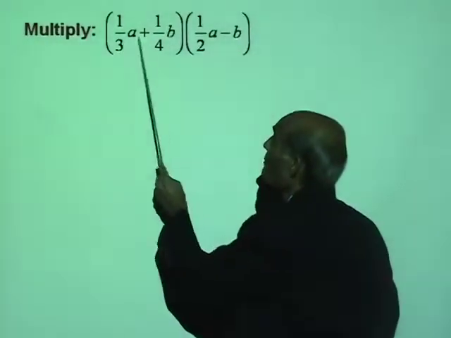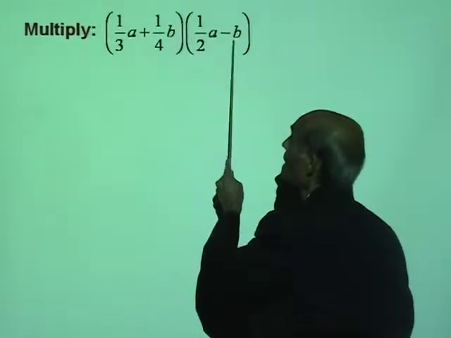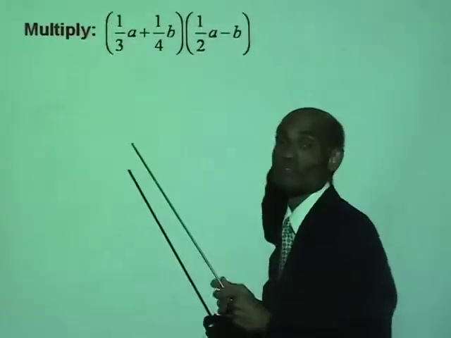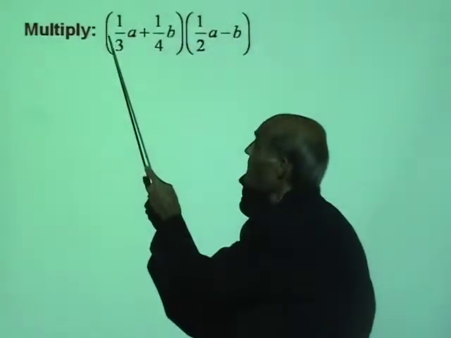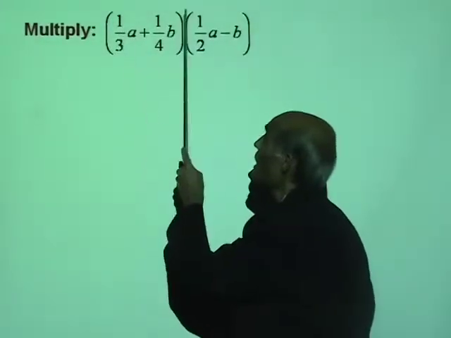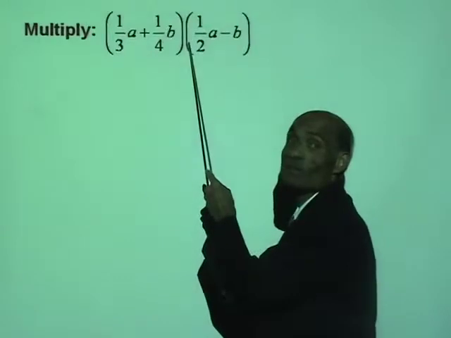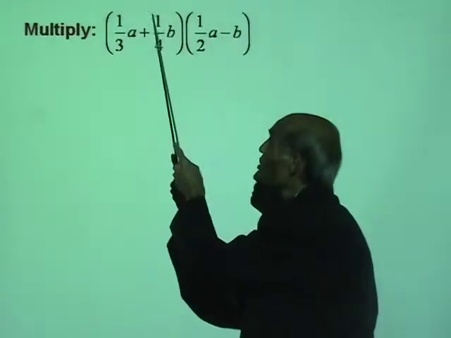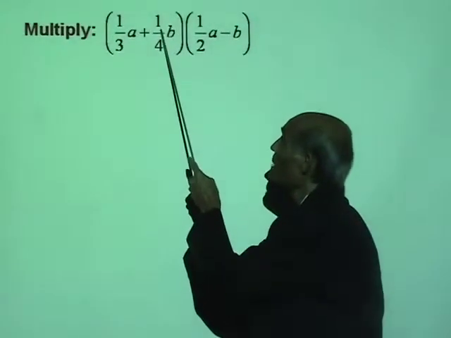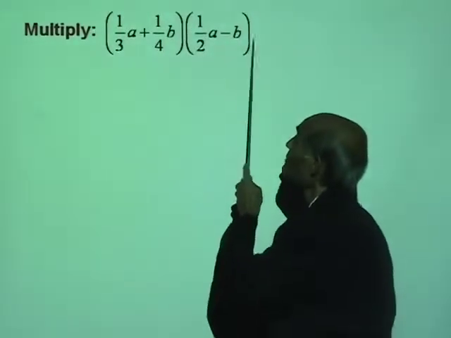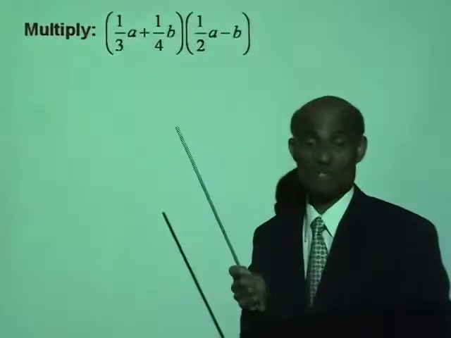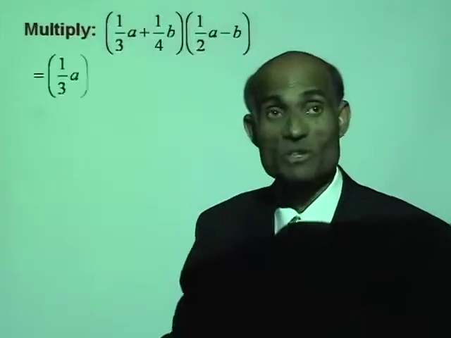This is a binomial multiplied by a binomial. So take the first term 1/3 a and multiply that with the second binomial. Then take the second term here 1/4 b and multiply it with the second binomial. That's the method. Alright, let's do that.